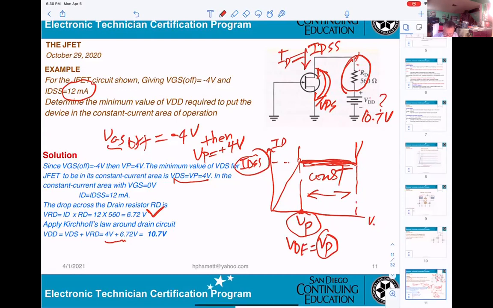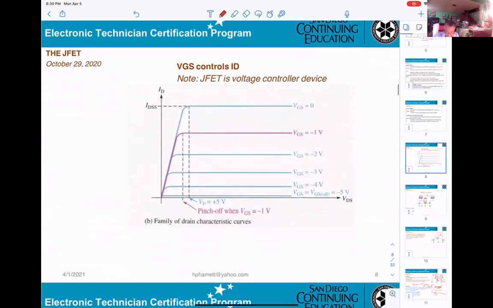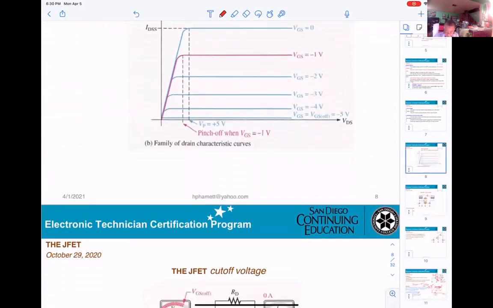VGS, not DS. DS is the drain. GS will be going the other way. Now, go back there. Right here.